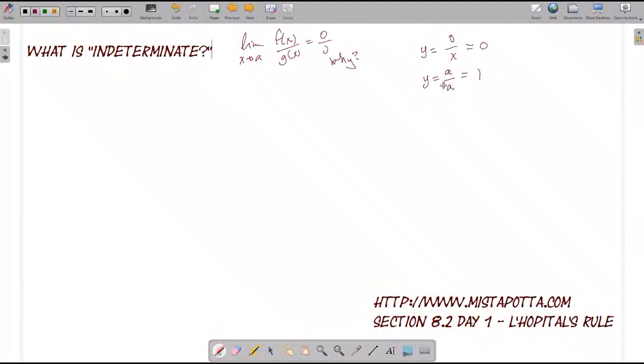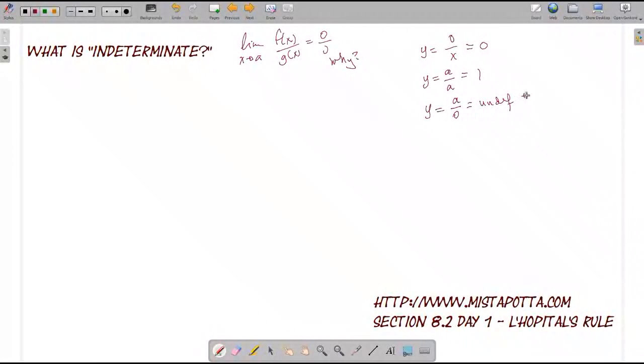Or I'm traveling along this path to get to 0 over 0, in which case the value should be 1. And I could also just as well take a look at anything over 0, because I know anything over 0 is undefined.